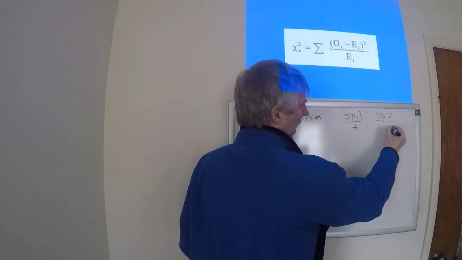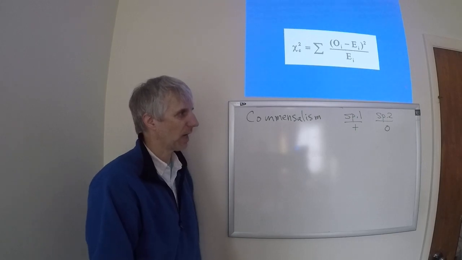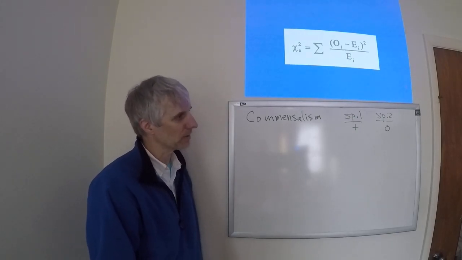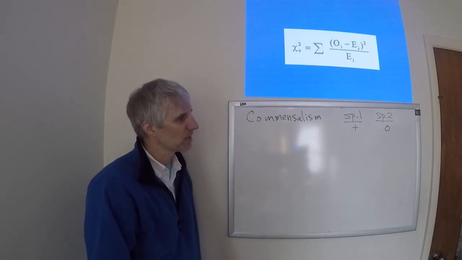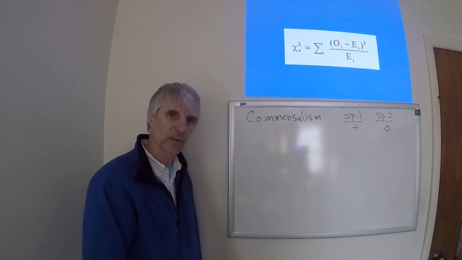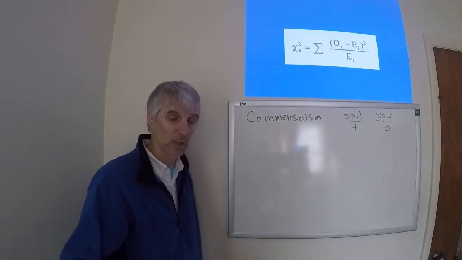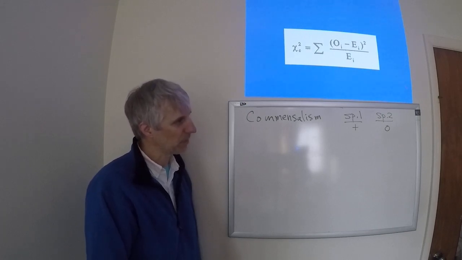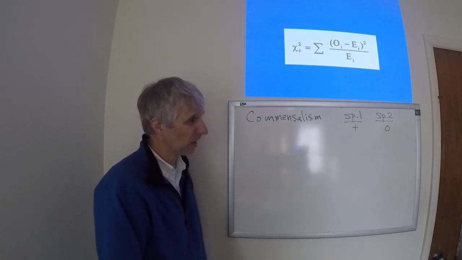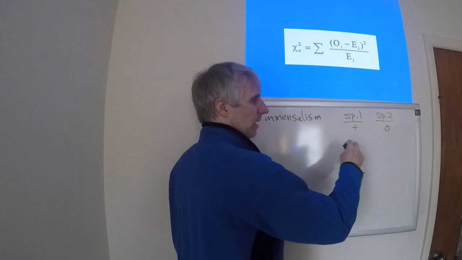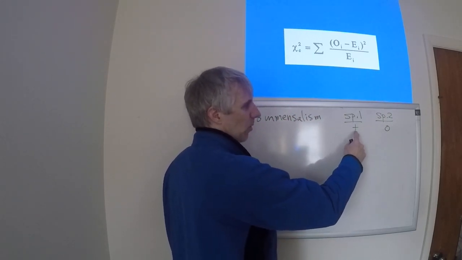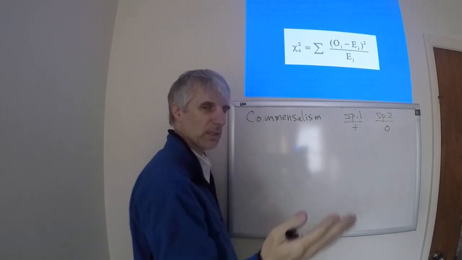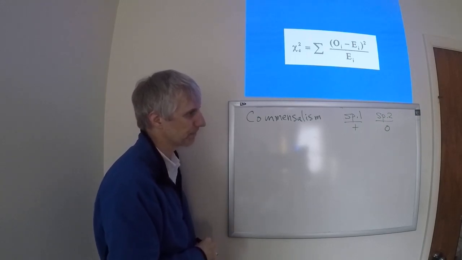This is an interaction where one species derives a benefit by being around a second species, but the second species has no idea that the first species is even there, right? There's this weird type of interaction where it's kind of asymmetric. One gains a benefit and one has no idea that anything's going on.